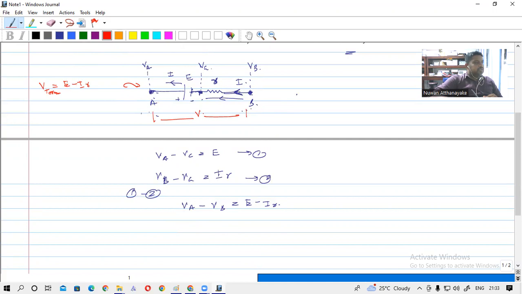So the voltage is less than the EMF, the electromotive force, of the battery. This should be remembered, or I think this is common sense, no? You can remember it.